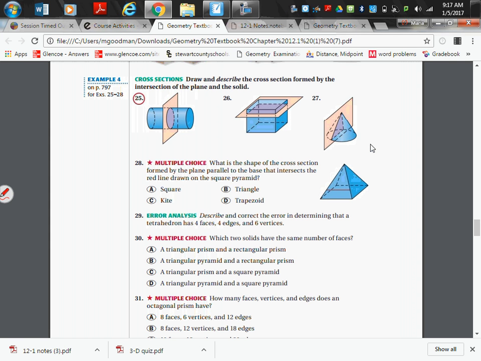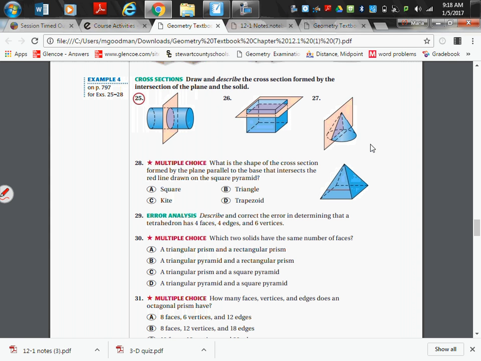Hold on. If I'm cutting my plane horizontally, or parallel to the base, go back in your notes and look at what it means when I say I cut it parallel. Means it'll be the same shape as the base. Good job, Jade.